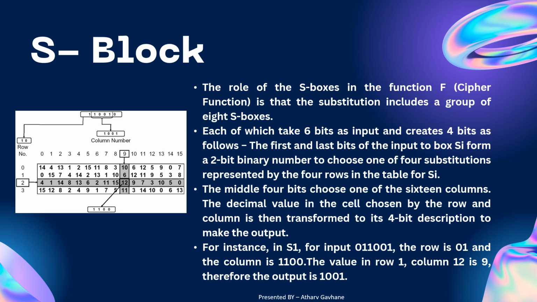The middle 4 bits choose one of the 16 columns. The decimal value in the cell chosen by the row and column is then transformed to its 4-bit description to make the output. For instance, in S1 for input 011001, the row is 01 and the column is 1100.